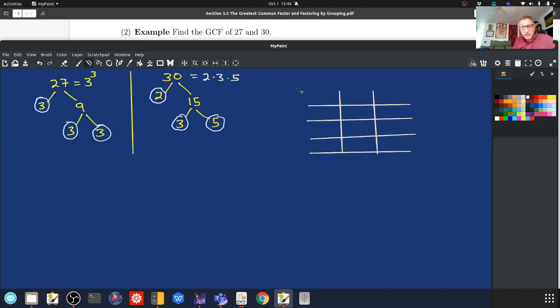So here I'm just going to go ahead and, since you're learning, prime factors go in the first column. And remember, we don't care how many there are in the first column, but what the different ones are: 2, 3, and 5. Then 27, and my 30 at the top.